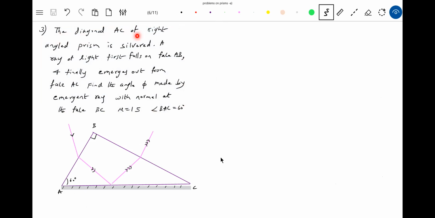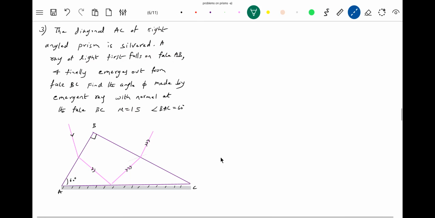Let's read the question. The diagonal AC of a right angle prism is silvered. A ray of light falls on face AB and finally emerges out from face BC. Find the angle phi made by the emergent ray with the normal at the face BC. I think some diagram is needed. There's a normal, I'm drawing it. It may not appear normal, okay, let it be normal.